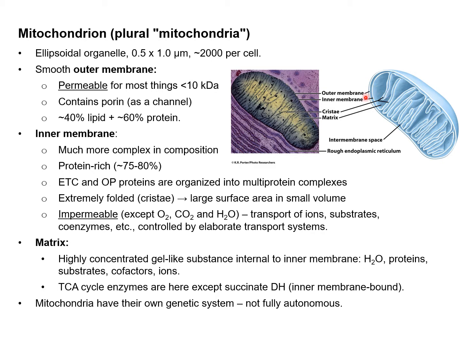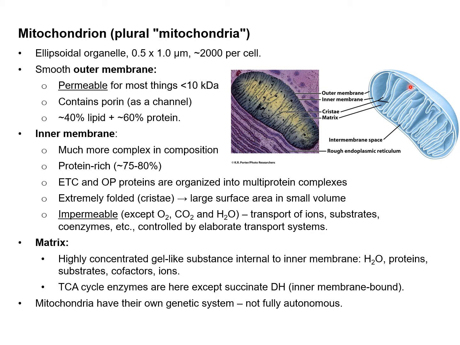And this inner membrane is extremely folded to form a structure called cristae, and that provides a large surface area in a small volume, so it can accommodate a lot of important proteins, or protein complexes, for the electron transport chain. And this inner membrane is impermeable except for oxygen, carbon dioxide, and water molecules, but it still has transport systems for ions, substrates, coenzymes, and so on, which are controlled by elaborate transport systems.